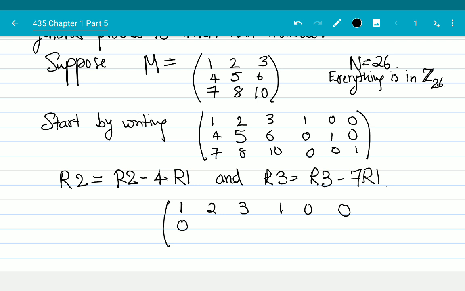Which would, after subtraction, give me 1 2 3 1 0 0. Well, 4 times 2 is 8, 5 minus 8 is minus 3, but I'm dealing with Z26. So minus 3 is 23. This is going to be 20.